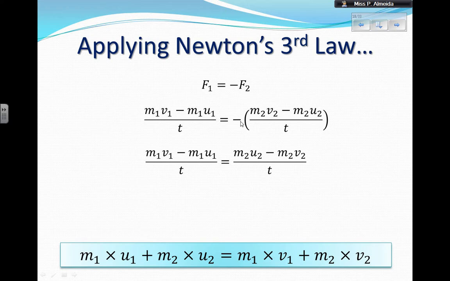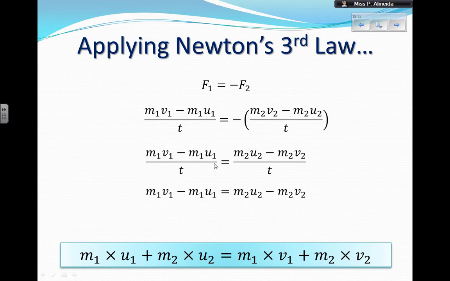So it's equal to minus m2 v2 minus minus, so plus m2 u2 over time. So I swapped the positioning of the u and the v because I wanted to have a plus first and then a minus after. And this minus makes m2 v2 a minus, and minus times minus makes m2 u2 a plus, okay?